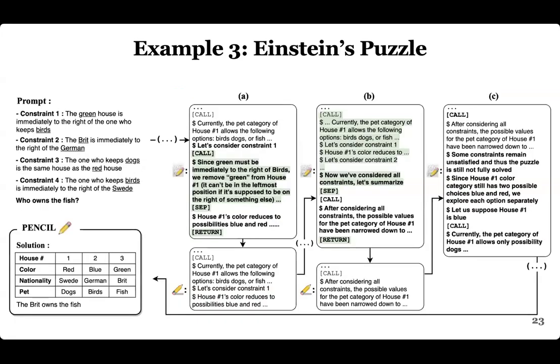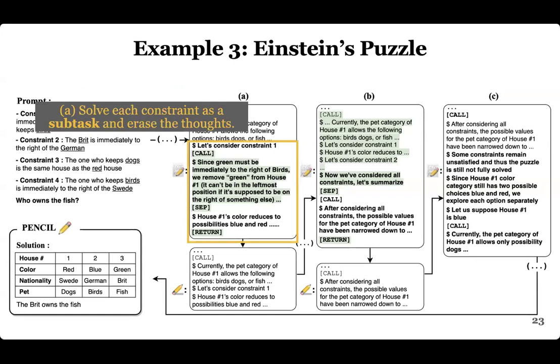So here is how PENCIL addresses this problem. For each constraint, we can consider it as a subproblem. The high-level strategy is, based on each constraint, to infer what the possibilities are to fill in this table.